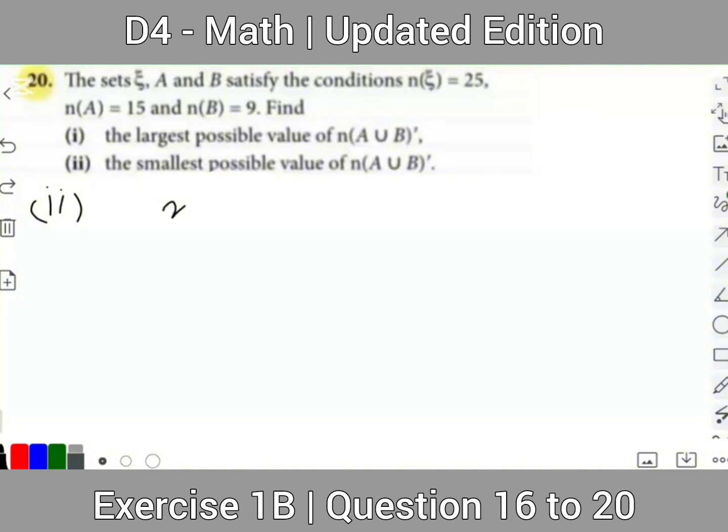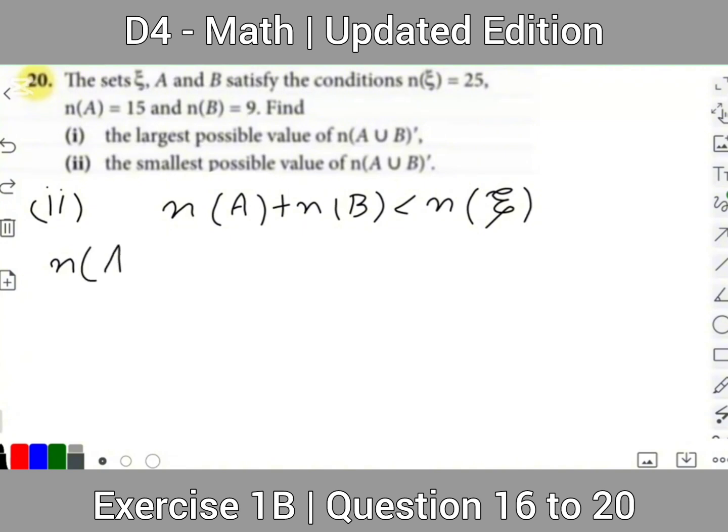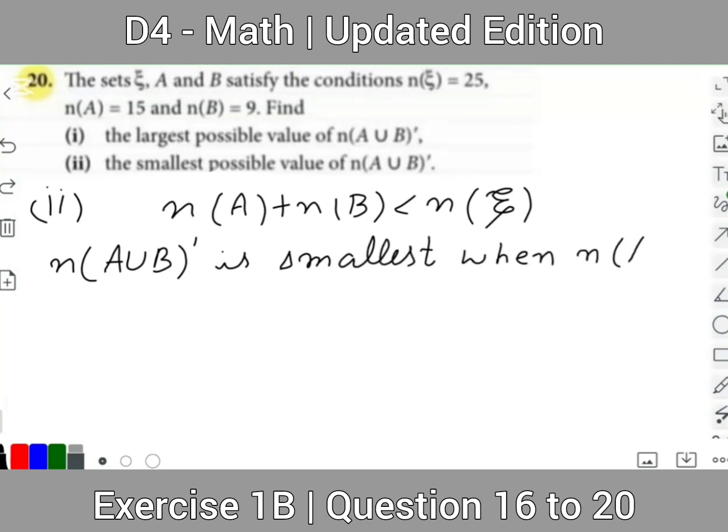Since n of A plus n of B is less than n of eta, n of (A union B) whole complement is the smallest when n of A union B is largest.